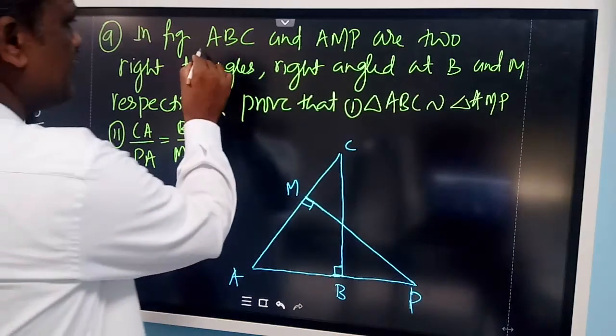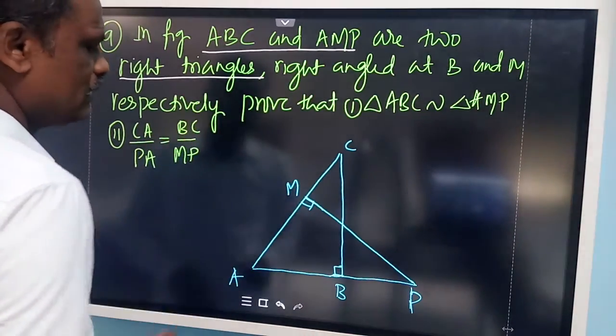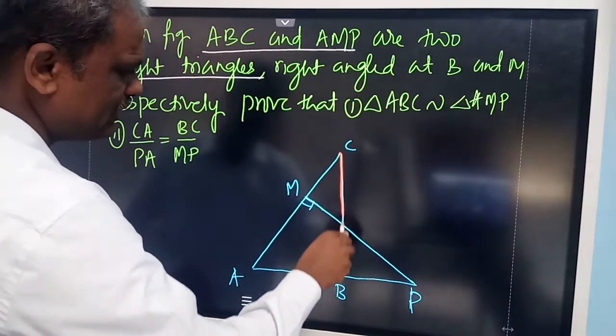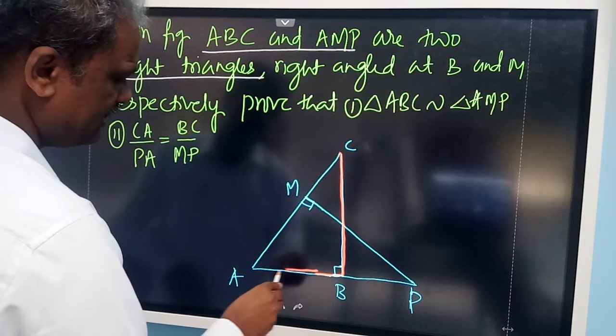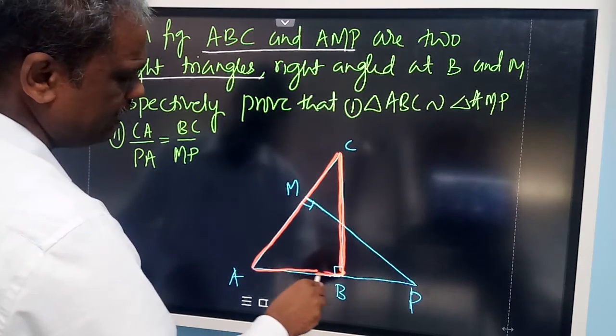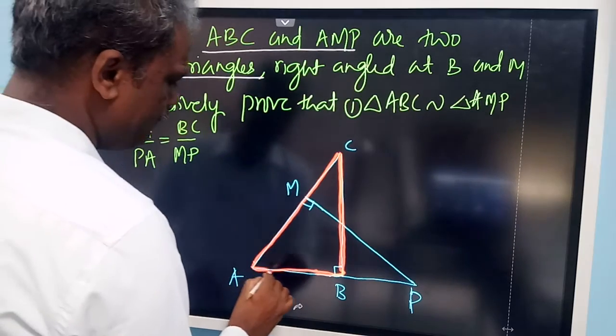Question number 9. In this figure, ABC and AMP are two right angle triangles. ABC, this triangle, and AMP is this one.